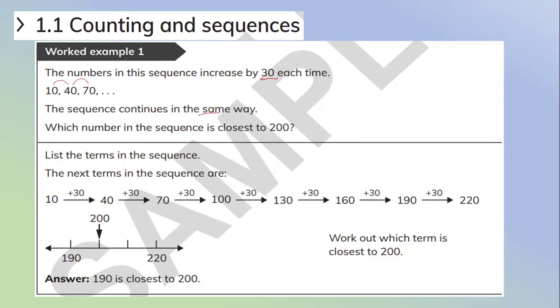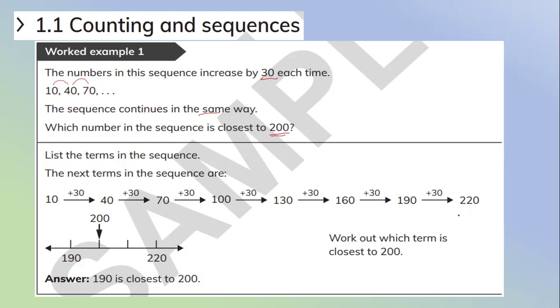Which number in the sequence is closest to 200? So we have to list the terms in the sequence: 10, 40, 70, 100, 130, 160, 190, but we have to continue over 200. After 190, it is 220.